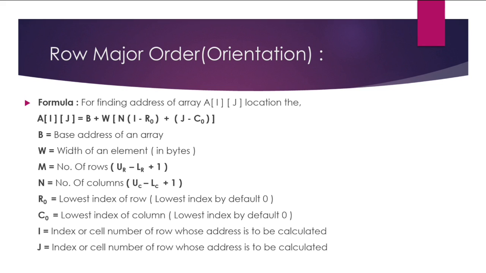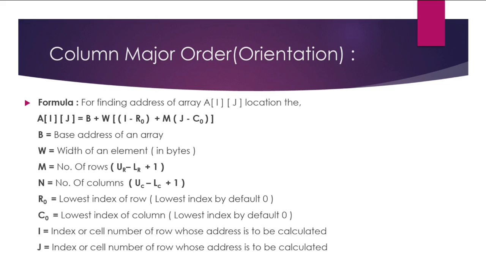That's why R0 is by default 0 and C0 is by default 0, and you have to place this in your formula. Each and everything you have to find from the question, then place all these values in your formula. If you are not able to understand, when we get to our questions, then you will understand it properly. Now I'm moving further.